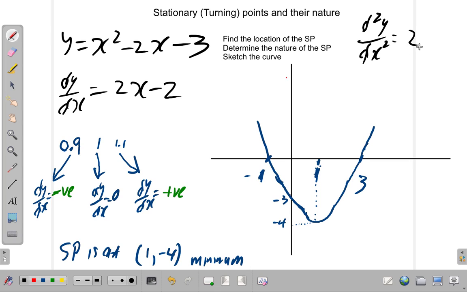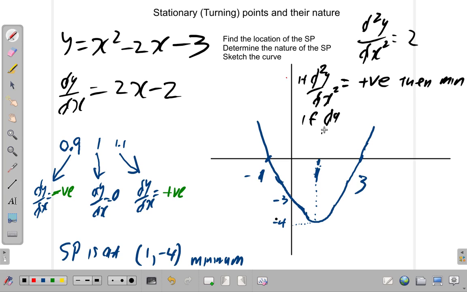The fact that d squared y by dx squared is positive means you have a minimum value. If d squared y by dx squared is positive, then you have a minimum point.